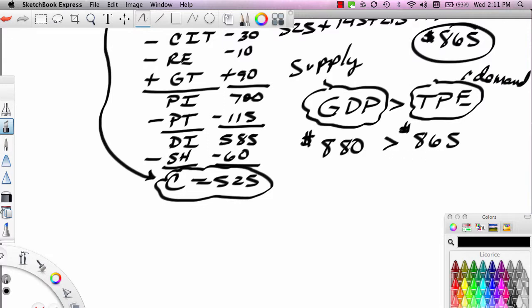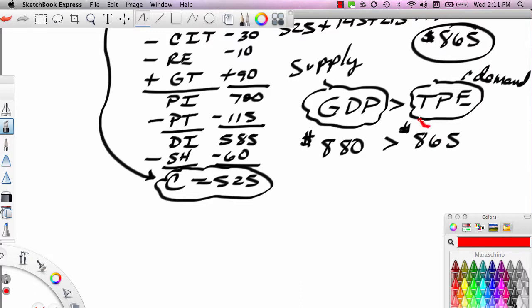Look, if the business sector knew ahead of time that buyers were only going to buy 865, they would not have produced 880. They would have produced 865. So the problem is producers do not know exactly what the buyers, households, businesses, government, and foreigners will buy. So these don't have to be equal, and in this case they're not.